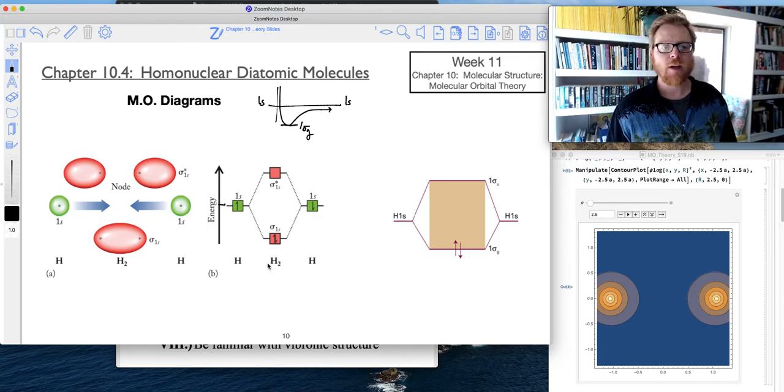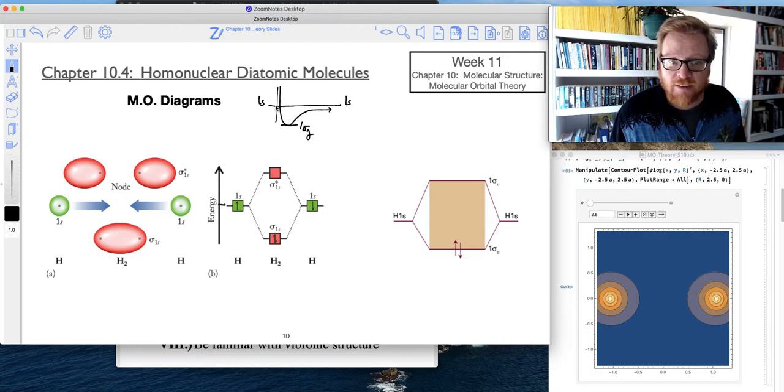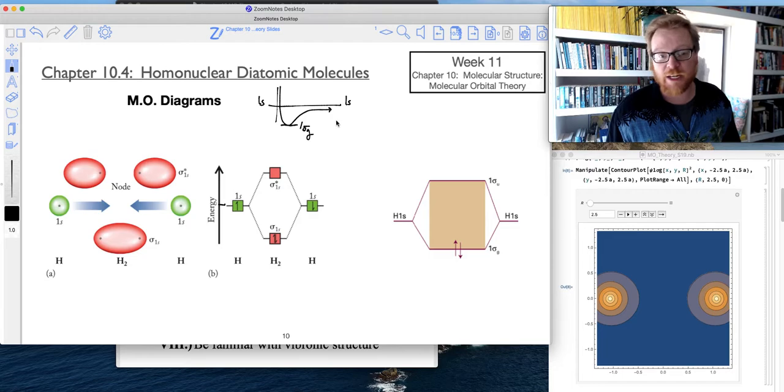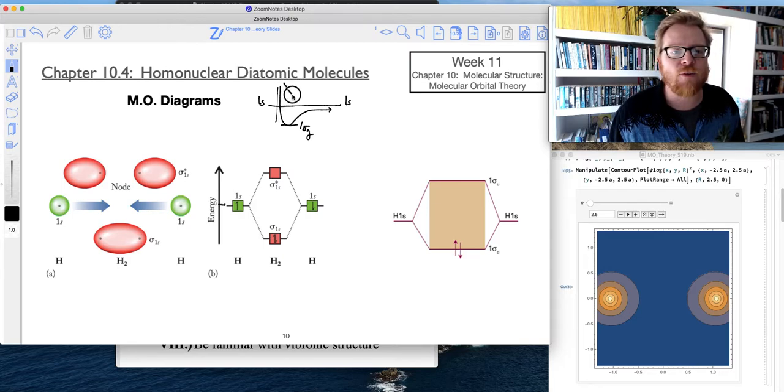But this diagram literally has its origins from this Lennard-Jones potential well. We recognize at infinite separation, the energy is just equal to the 1s energy, right? And there is some minimum energy. We also remember that there's an anti-bonding state, this repulsive anti-bonding state that we now know is the 1 sigma u.